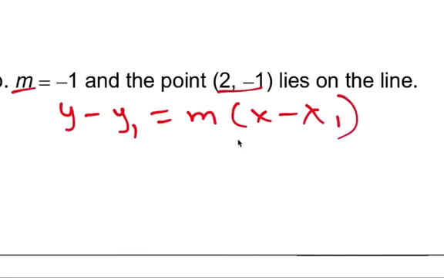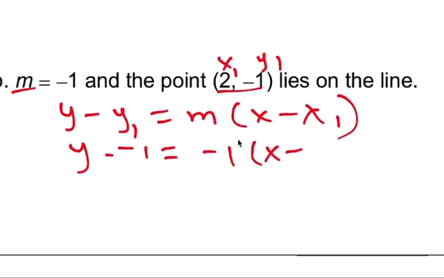And if you don't remember this formula, you can always use slope-intercept by finding x sub 1, y sub 1. So be careful here: y-intercept, m which is negative 1, x minus x sub 1 is 2. That's your answer.